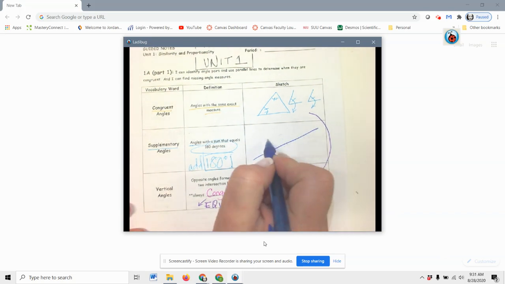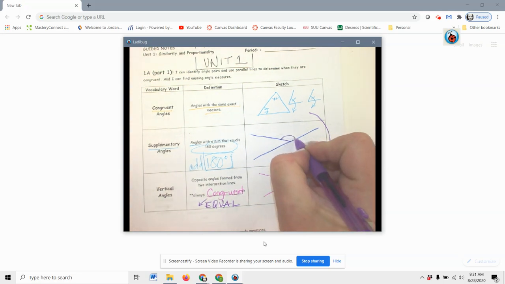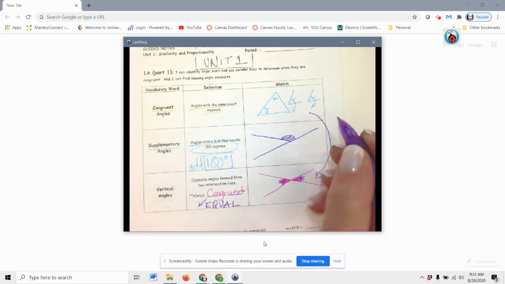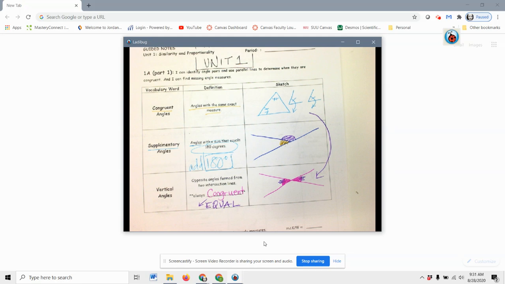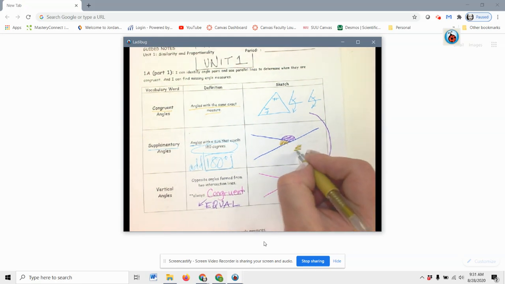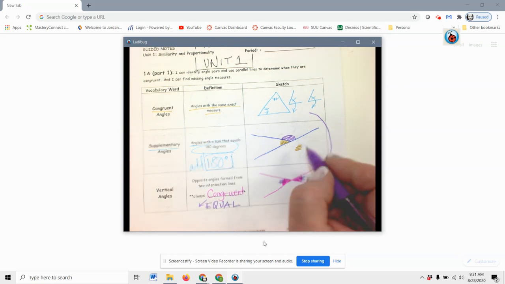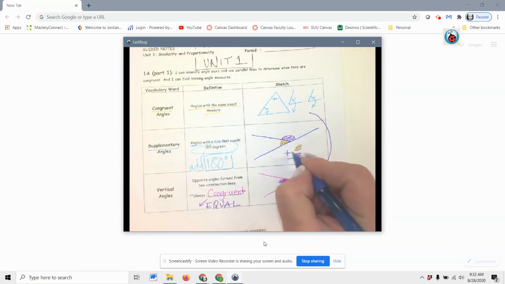If I have a straight line and then 2 angles that are making up that straight line, here's a purple angle and then here's a gold angle, and together they make a big straight line. I know this gold angle plus that purple angle is always going to add to 180 degrees.